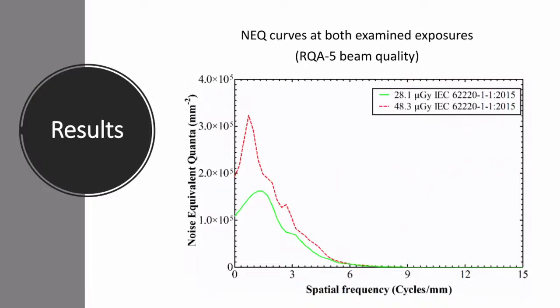The curve amplitude is affected by the number of X-rays at the detector surface. That's why the higher exposure provided the higher noise equivalent quanta values. Both curves peak at the low frequency range, and this prominence is of interest for general radiography applications.